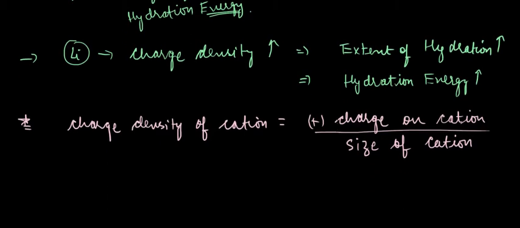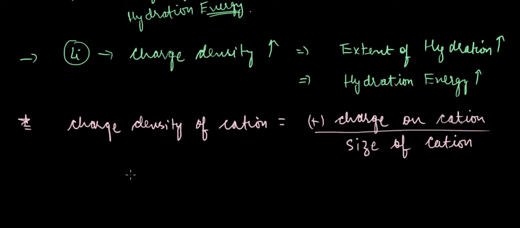Next, in other words, if a question of this sort comes, that why is Li the strongest reductant among all the alkali metals when the Cs metal has lower ionization energy, the simple reason would be that Li is the strongest reductant among all metals due to high hydration energy, which is due to the high charge density of the Li cation.